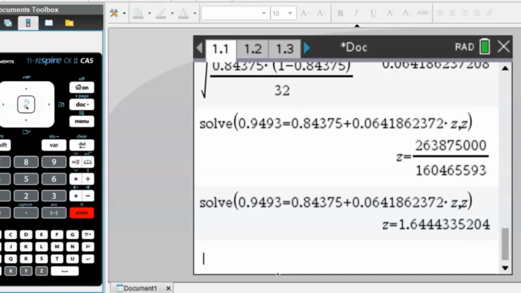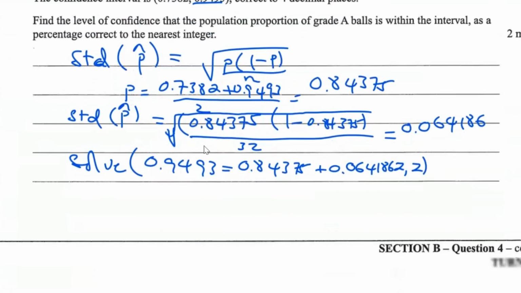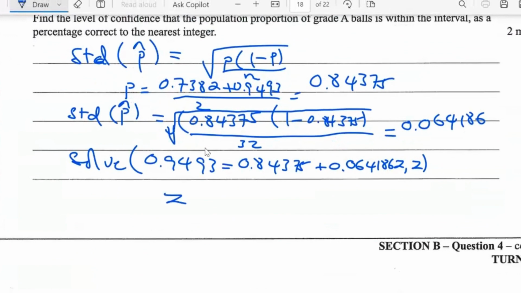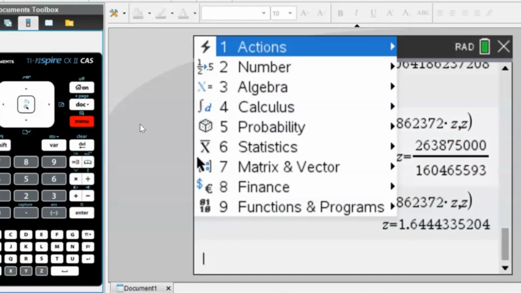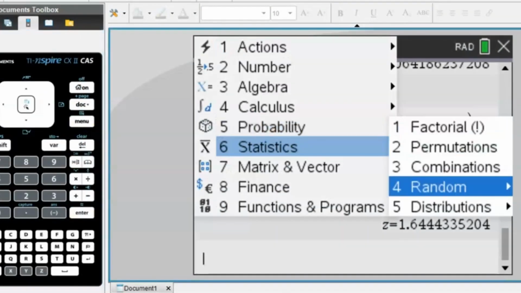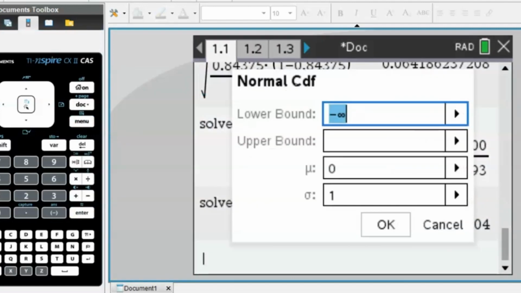All right, so that's going to be the positive and the negative is going to be there. So Z equals 1.644. We also have to find the negative bit of it because it's symmetrical, and we want to find out the probability or the percentage.